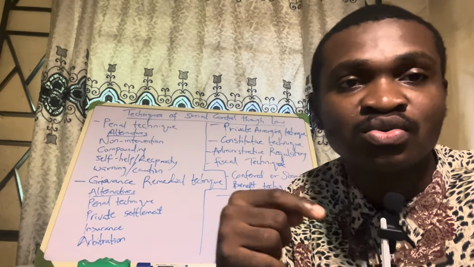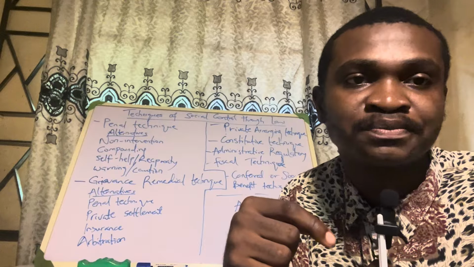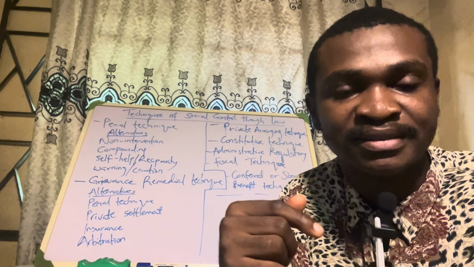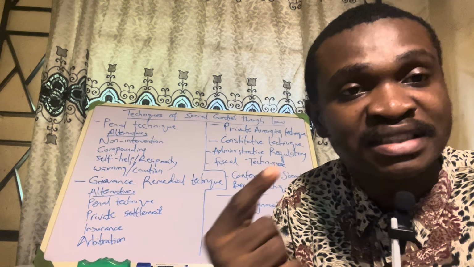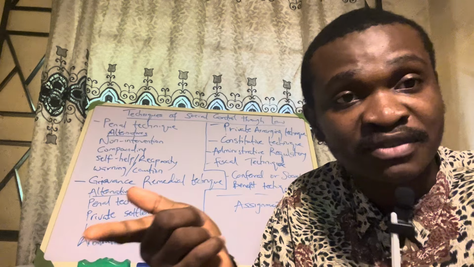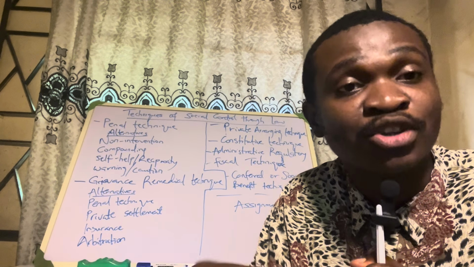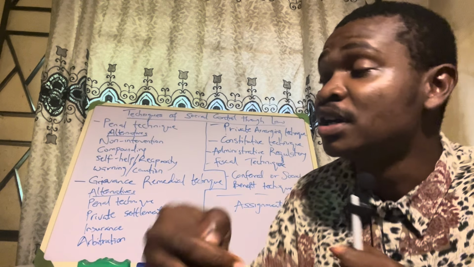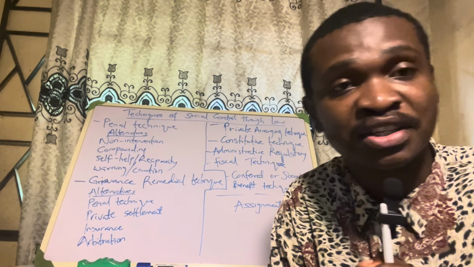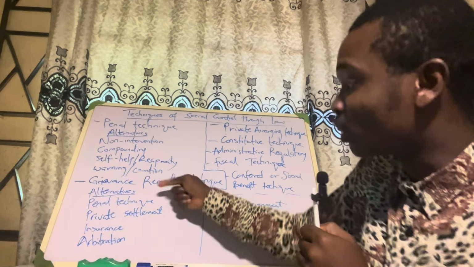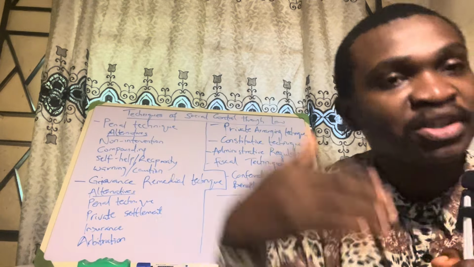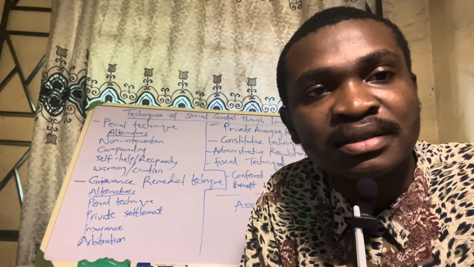You can also sue for assault or battery. Another one is defamation. In Nigeria now, defamation is also criminal. Yes. Then you can also sue for defamation. So there are places this penal technique can come in, as an alternative to grievance remedial, or maybe you can take the two of them simultaneously.